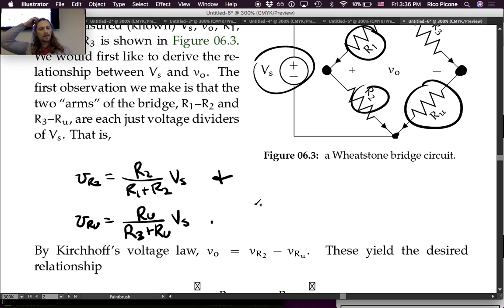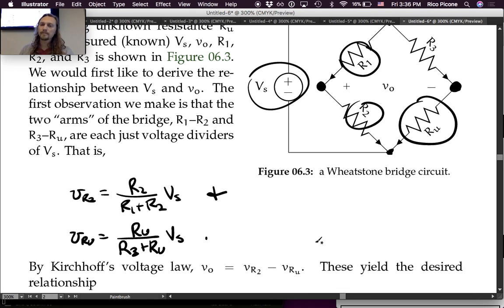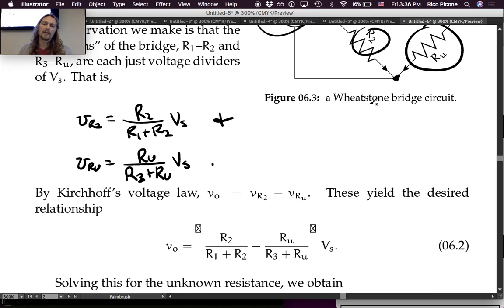By Kirchhoff's voltage law, the output voltage is just VR2 minus VRU. If you wanted to, you could draw this sort of imaginary element in here that goes from there to there, plus to minus. It drops in that direction. So we could start at the tail and say, that's just VR2 minus VRU. I'm going to take that out so it doesn't look like I have put in an element there. So Vout is equal to VR2 minus VRU.